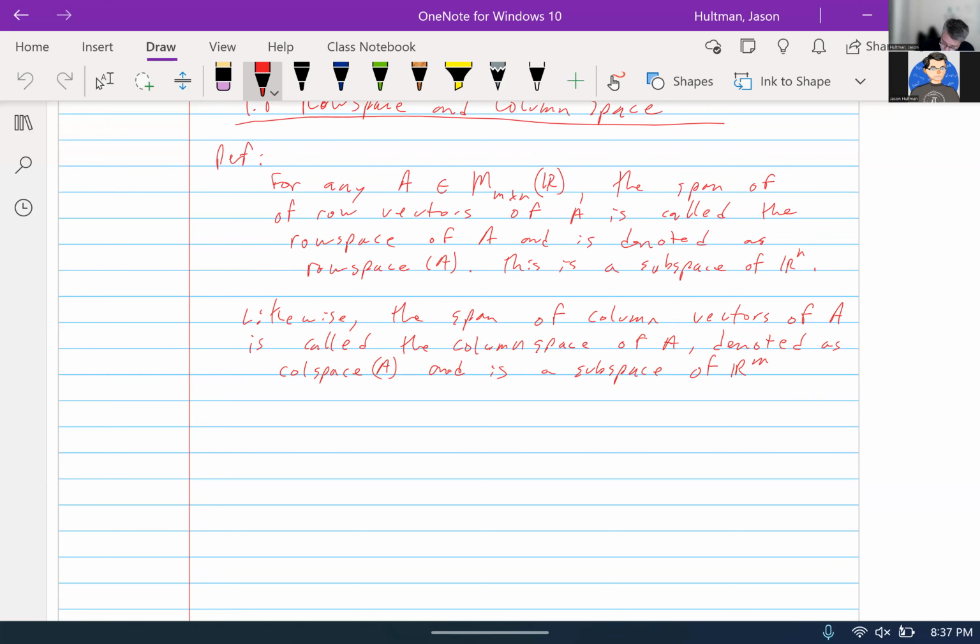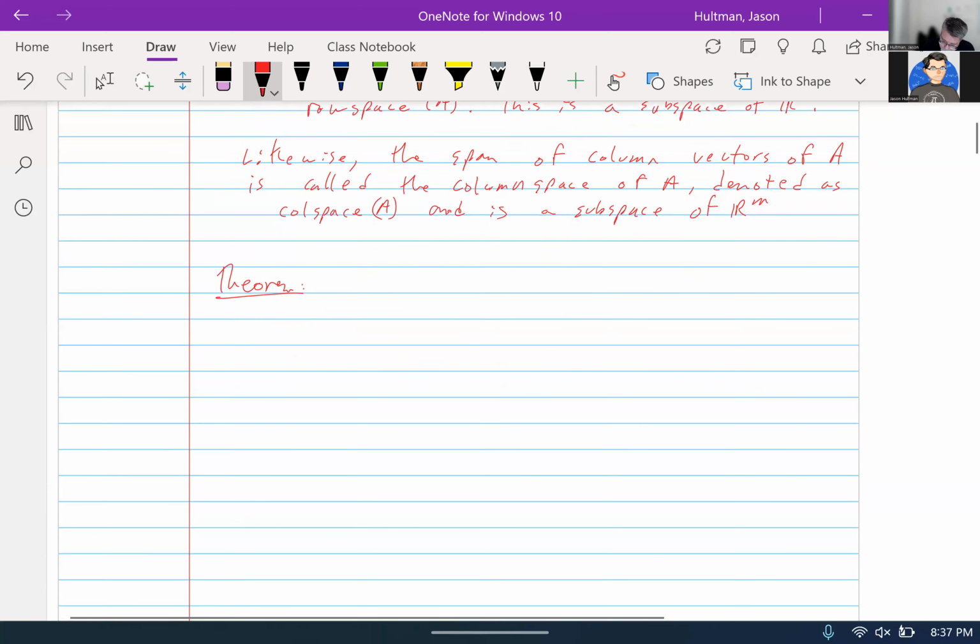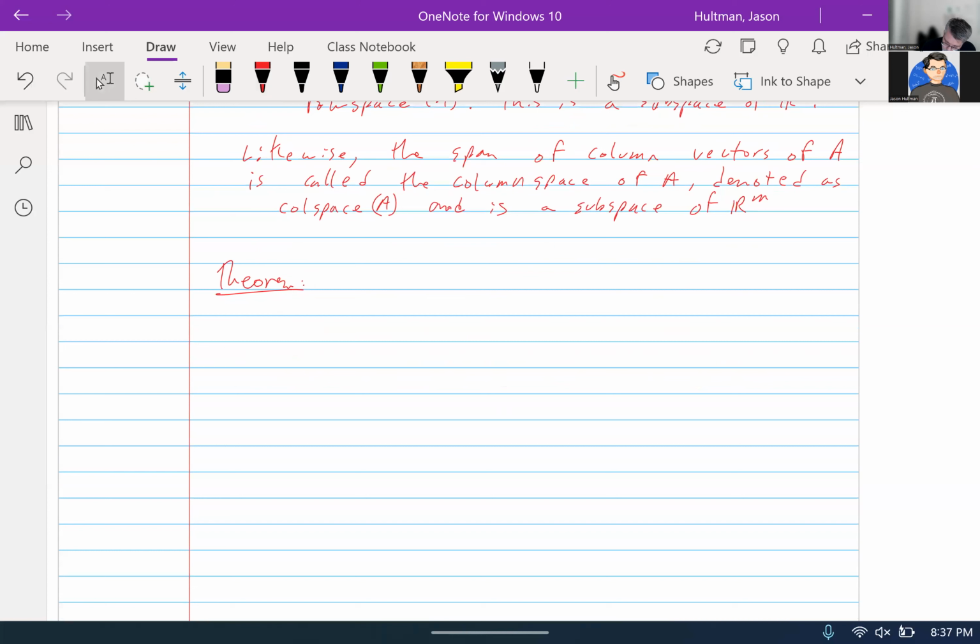Okay, theorem. Let A be an element of M by N of R. So that's our vector space that A is an element of. Okay, we already know that's a vector space.